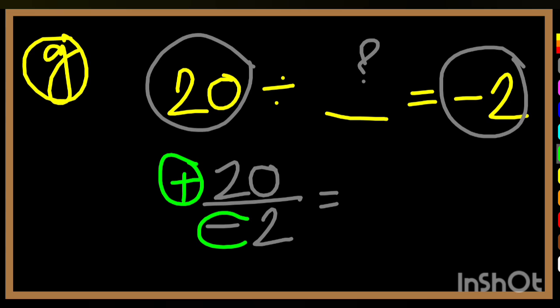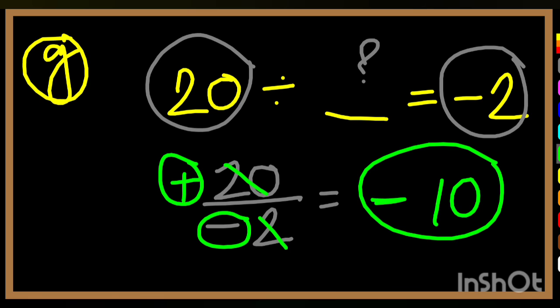Here minus 2 is already given. So what will you do? Simply we will just write the minus sign in the answer. As I said, if we divide or we multiply two different signs, we will always get a negative integer as our answer. Now these two numbers will be divided and we will get minus 10. So here the answer will be minus 10.